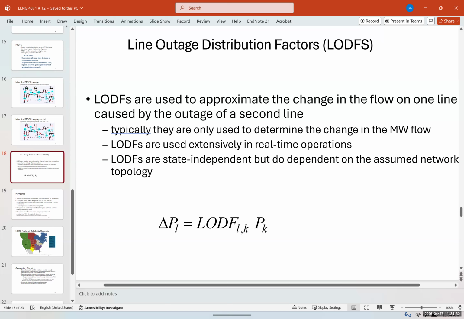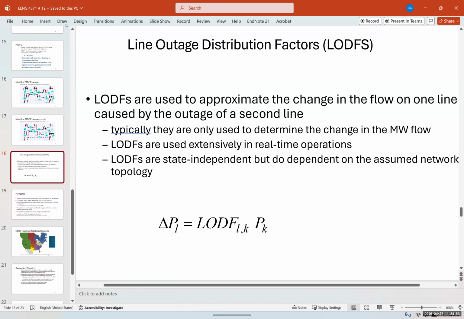This is called the N-1 criterion. Instead of rerunning a full power flow for every possible line outage, LODFs, I'm just going to call it that, let us approximate the impact instantaneously.